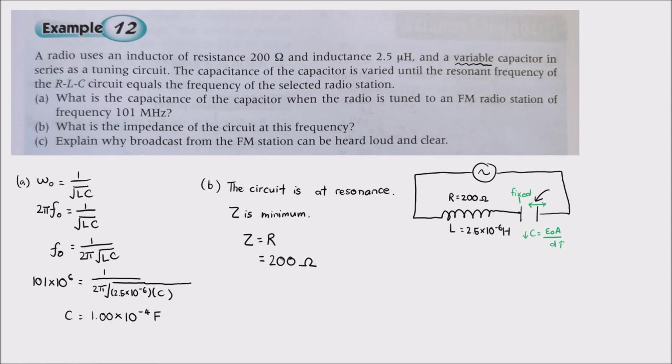Question C. Explain why broadcast from the FM station can be heard loud and clear. When the circuit is at the resonance frequency of 101 megahertz, the impedance is minimum.